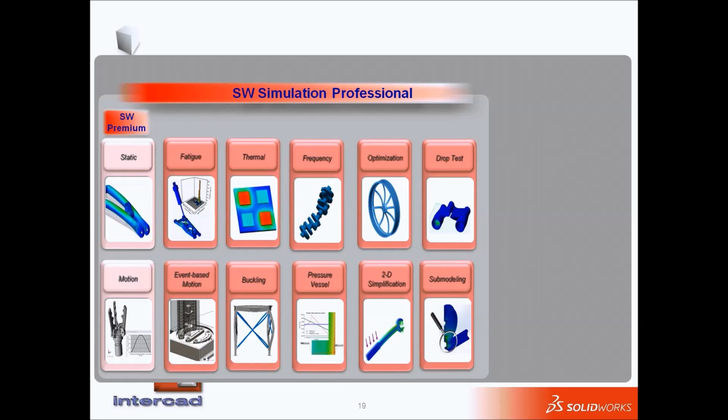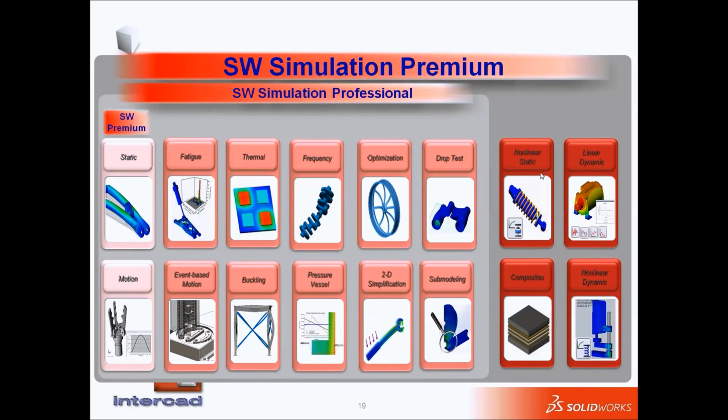You will also get the option of frequency optimization, drop tests, sub-modeling, 2D simplification, buckling, pressure vessels, and etc. But for those who are really dealing with complex models such as nonlinear static or nonlinear dynamics or linear dynamics, SolidWorks Premium is the solution where you will have the fluid simulation as well as the other, let's say, options you have here.